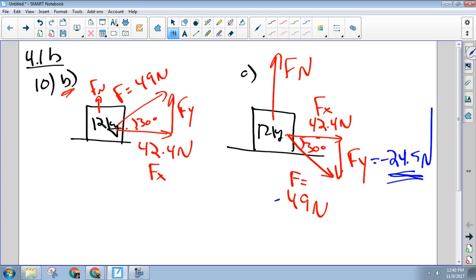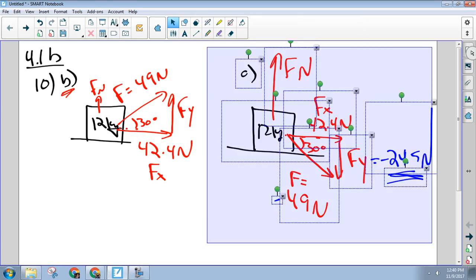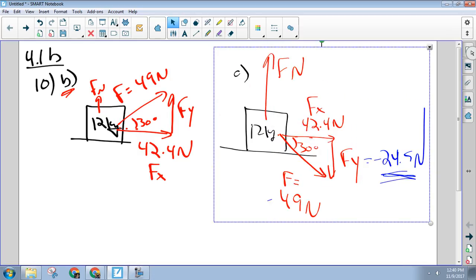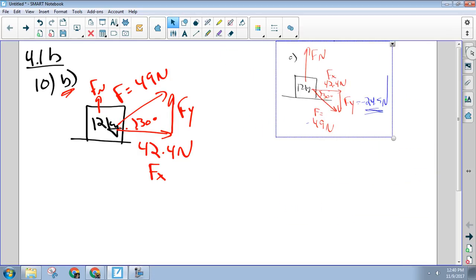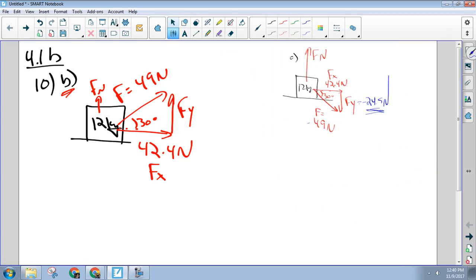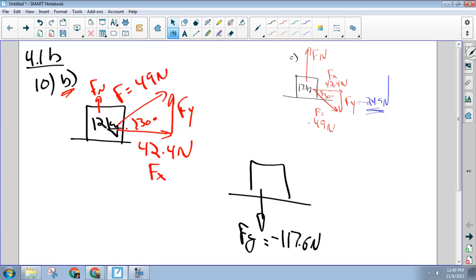So in this drawing right here, let me clarify it. Gravity's pulling down with a force of 12 times 9.8, which is 117.6 newtons, right?